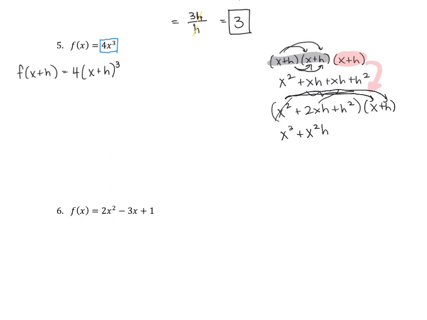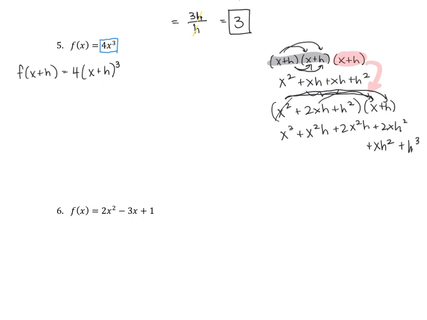So 2xh times x is 2x squared h. And then 2xh times h is 2xh squared. Okay, h squared times x is xh squared. I'm running out of room here. And then h squared times h is h cubed.